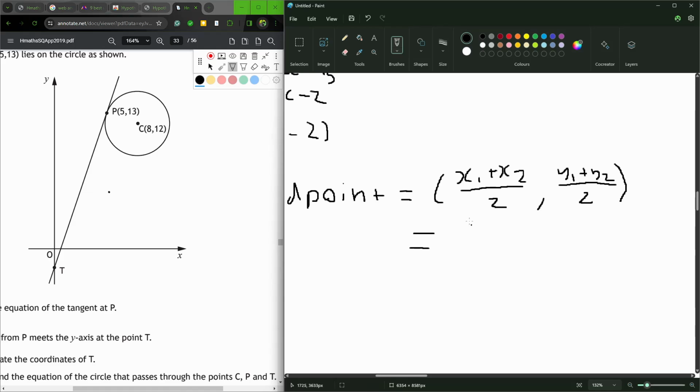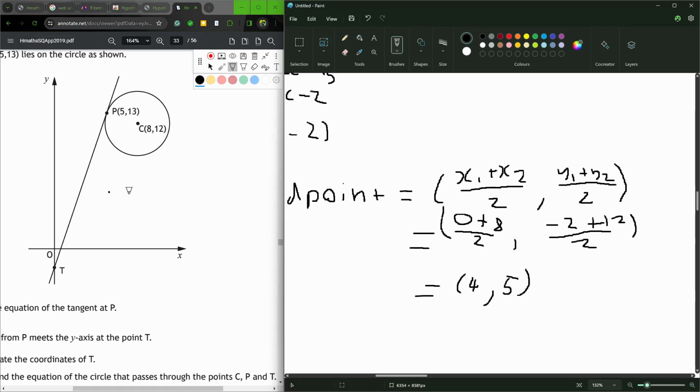So x is 0 for T, and then it'd be 8. And then it would be minus 2 plus 12 over 2. I'm pretty sure you can figure out how to do that. 8 divided by 2 is obviously 4, and then 10 divided by 2 is 5. So there we go. This point here we figured out is 4, 5.